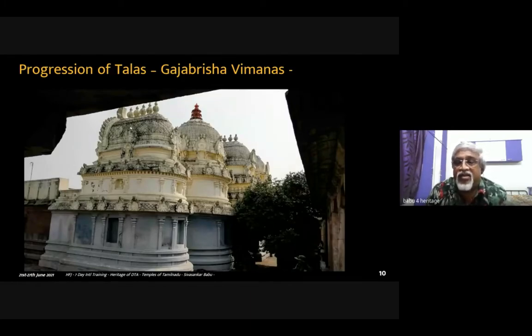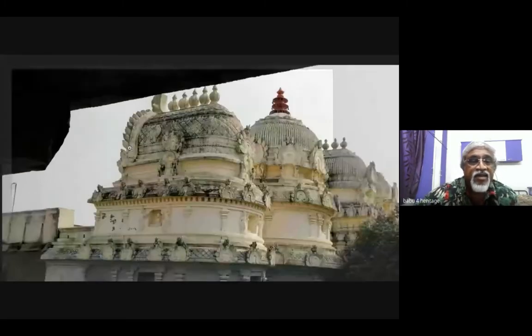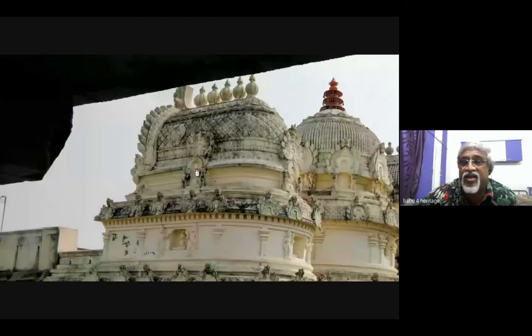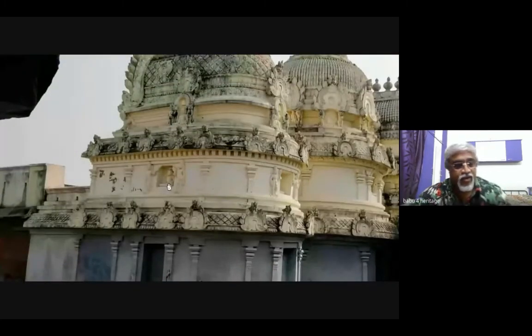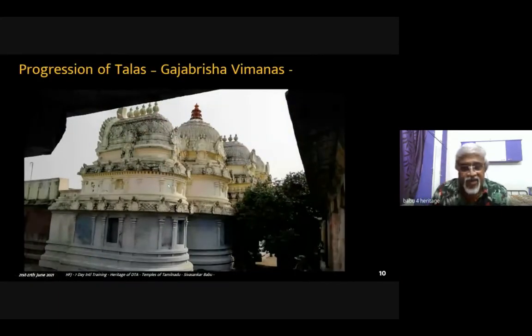You will be amazed if I mention that this is a Jaina temple. It is not a Hindu temple. It is a Jaina temple, and the images here, the Tirthankaras, are also Jaina Tirthankaras. So this is a case in point that the agamas, the building structures and the technology are across all religions.